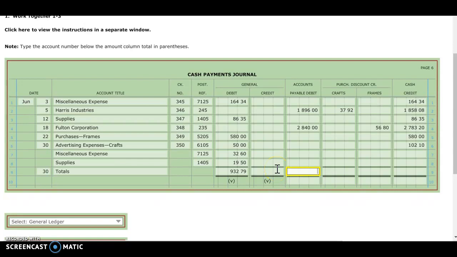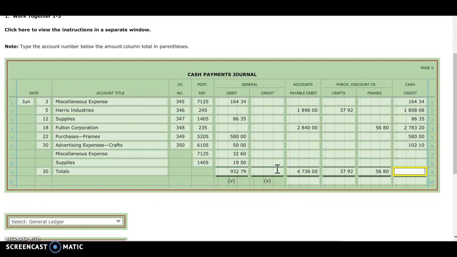Okay. Next one is our accounts payable debit. Our total there is going to be $4,736. Easy for our purchases discount crafts, 37.92. Our frames, again, easy, 56.80.